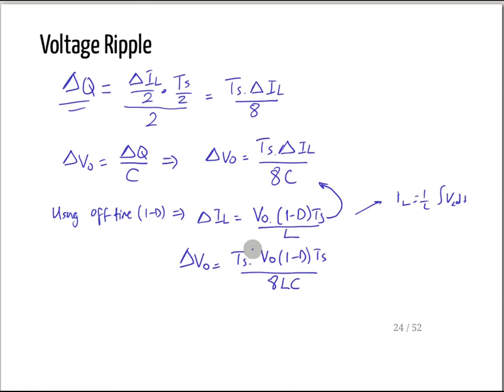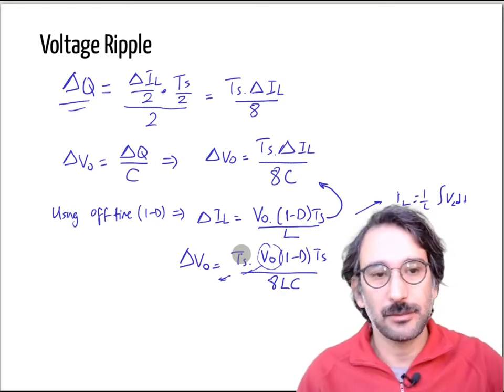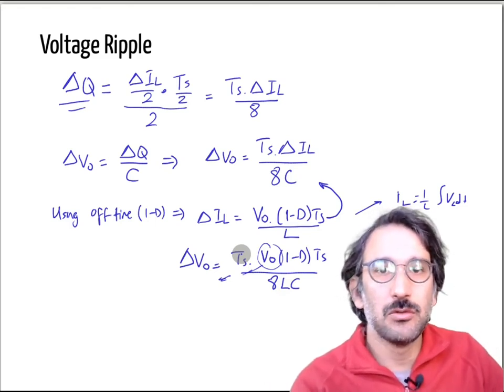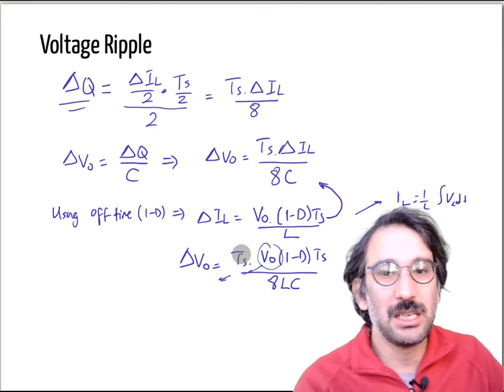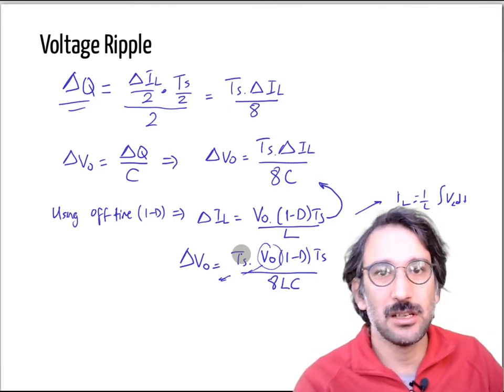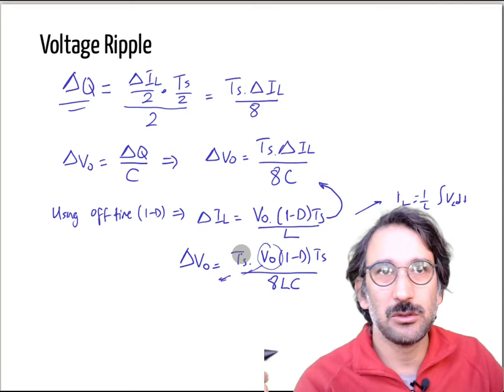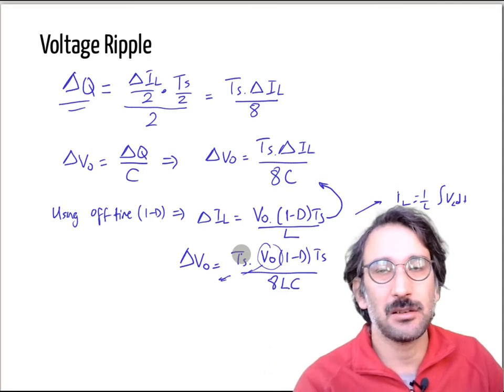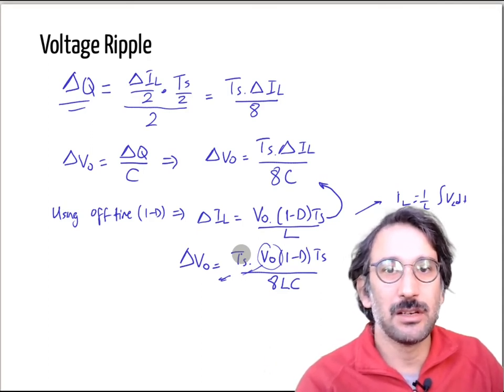So here you can write it, with a Ts squared, and let's write the ripple as a function of output voltage. Most of the time, having 2 volts ripple can be insignificant if you have 1000 volts output, but 2 volts ripple is not acceptable if you have a 5 volt output.